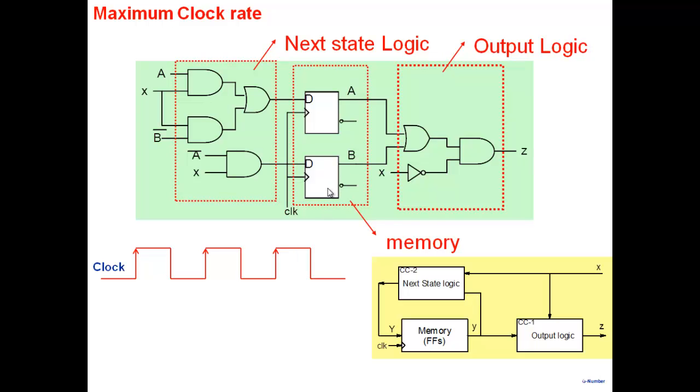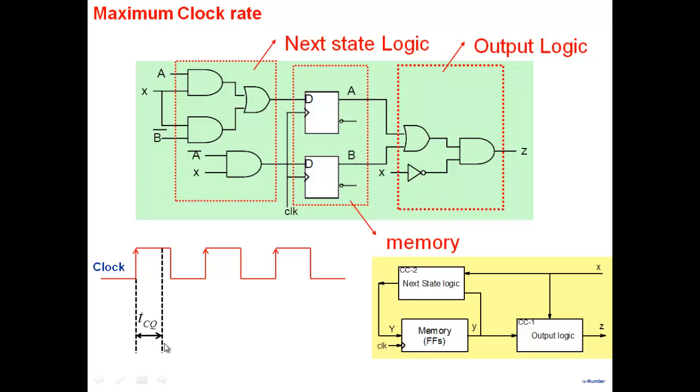So note that once the clock edge comes, whatever was the value D here propagates to the output, and we have a delay called clock to Q delay here. So the A is now available at this particular point.